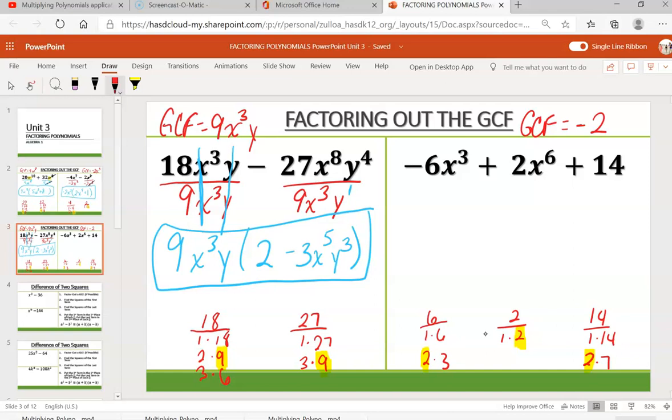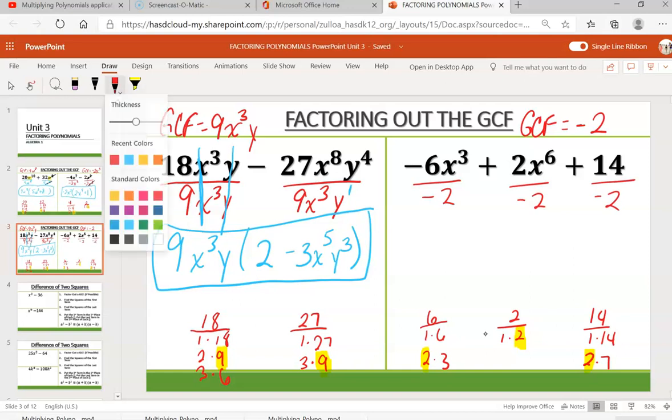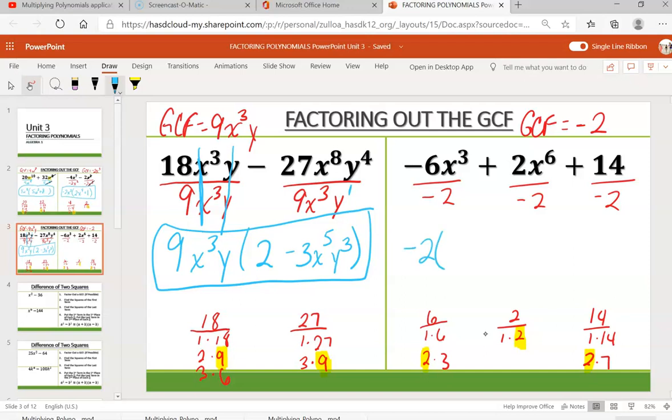Now we have to look for variables. The first term has a variable, it's x. The second term also has an x. But the last term does not, so you cannot factor out an x. All three have to have it. So it turns out that our GCF is just negative 2. So you write your negative 2 outside of a parenthesis.